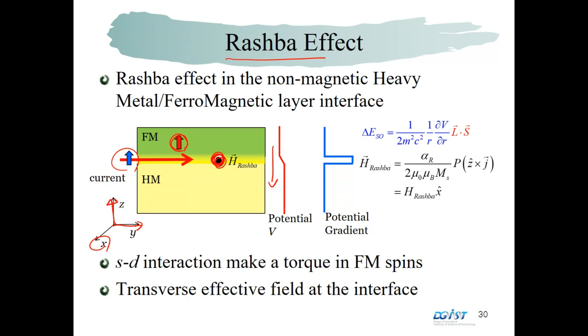There is a torque, m cross H. So this torque from this field can be added to the precession torque, but the direction of the field is always pointing along the x-axis, and depends on the current direction. This can be plus or minus x direction. So generally, we have a transverse effective field at the interface because of this Rashba effect.